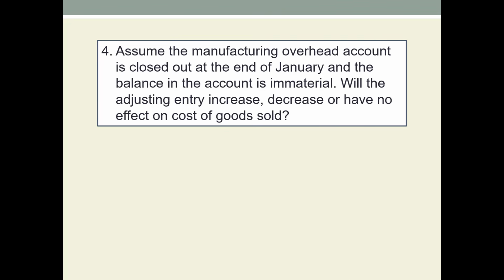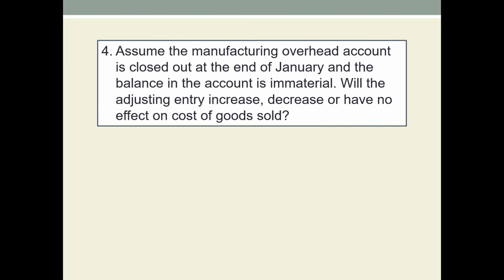So the last thing we'll look at, assume the manufacturing overhead account is closed out at the end of January and the balance in the account is immaterial. That means it's not a significant amount. Will the adjusting entry increase, decrease, or have no effect on cost of goods sold?